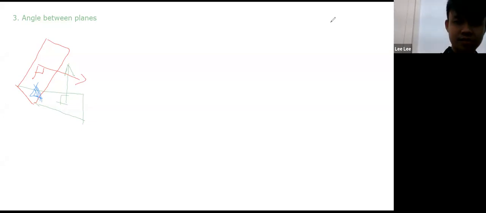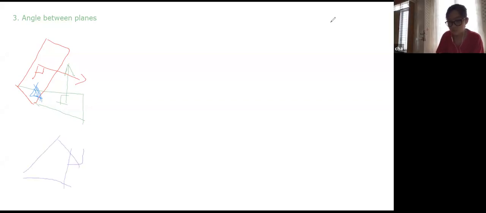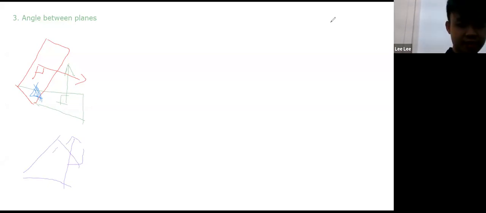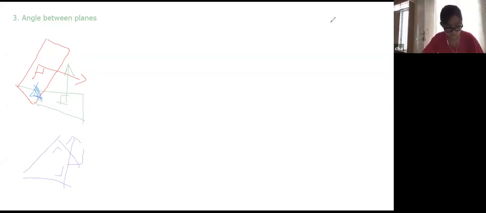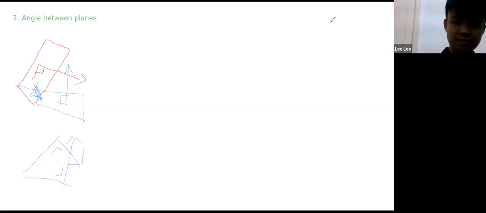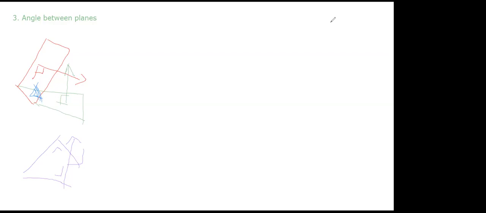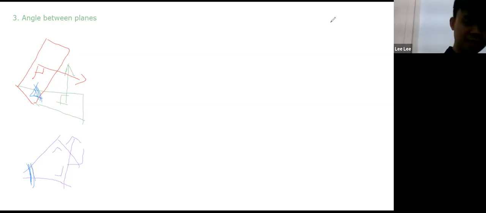Now, if I take out this kind of drawing, it's a four-sided drawing. What is the sum of angles of a four-sided figure? 360. I'm finding the blue one.